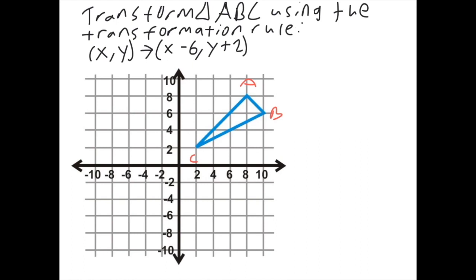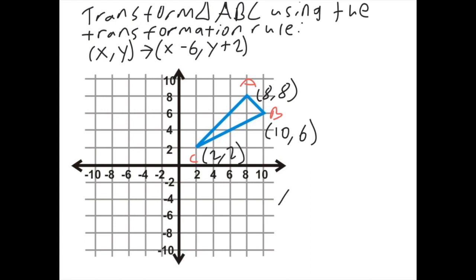So we'll move left 6 units and up 2 units, because it's plus 2. So remember, x is horizontal movement, y is vertical movement. So if you look at point A, that is currently at the point 8, 8. Point B is currently at the point 10, 6, and C is currently at the point 2, 2.